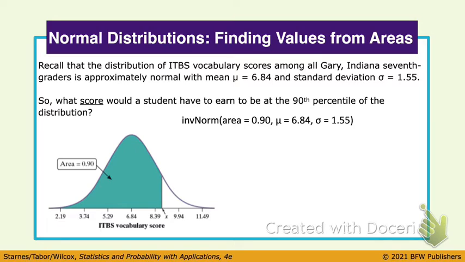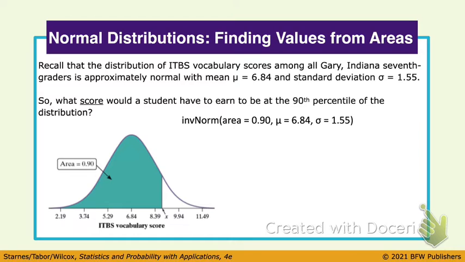Those of you whose calculator is not updated just yet, you're just going to put in 0.9, comma, 6.84, comma, and 1.55. When you plug this in, this is going to give you the boundary that cuts off that lower 90%. Again, those of you who have the fancier calculators, you're saying left tail.